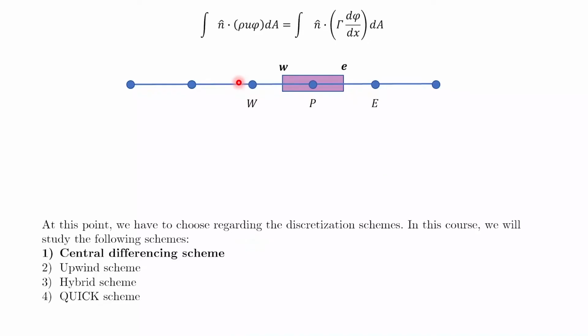So the only contributions to these integrals would be from the east and west faces. If we do that, we can write the left hand side, when we integrate it, as rho u phi, the term inside the brackets, multiplied by the area at the east face, minus rho u phi A, the entire thing evaluated at the west face.